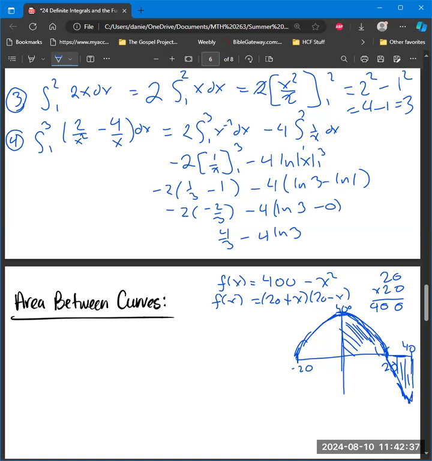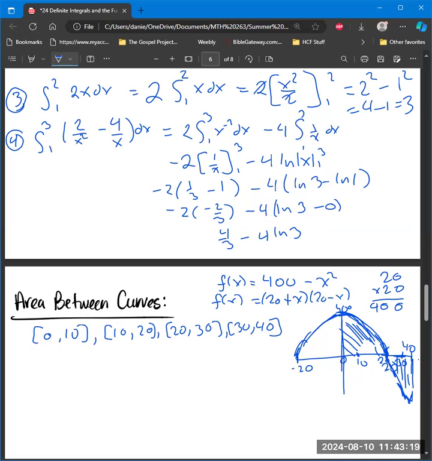Okay, so if I want 4 subintervals, write the x values that define the subintervals and label them on the graph, then I would need to go from 0 to 10, and then from 10 to 20, and then from 20 to 30, and then from 30 to 40. I'll get to this area between curves in a second. I could have 4 subintervals like that.